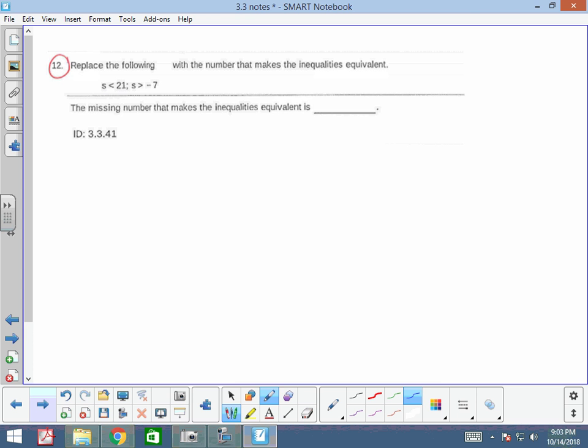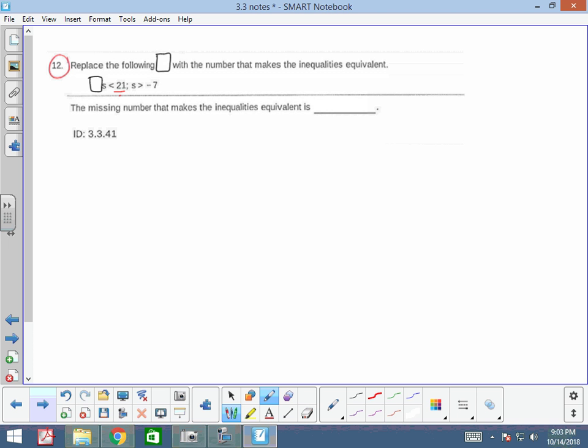All right, number 12. Replace the following, and on my paper it didn't print, but it has a little square right here on the computer screen, with a number that makes the inequalities equivalent, and the square is actually times S. When we divide by 21, that has to equal -7.